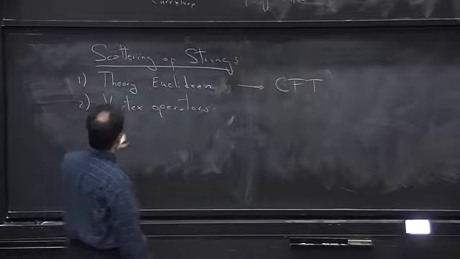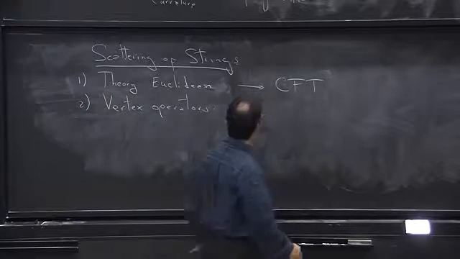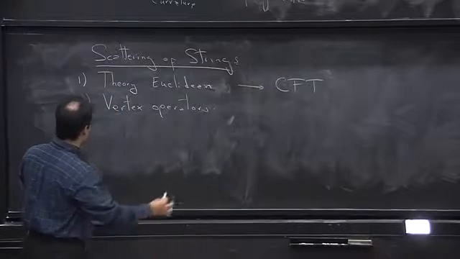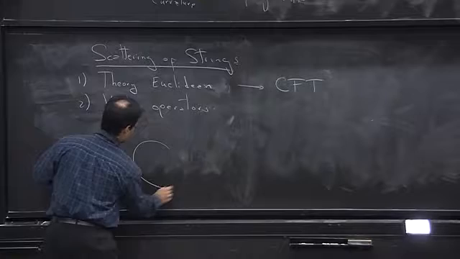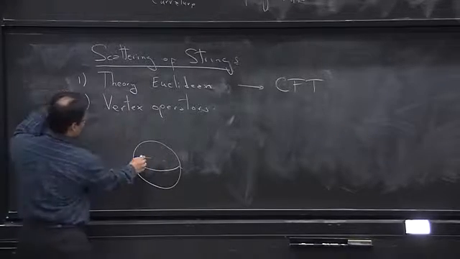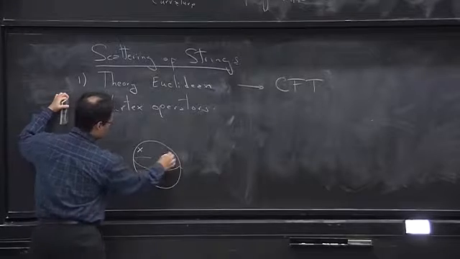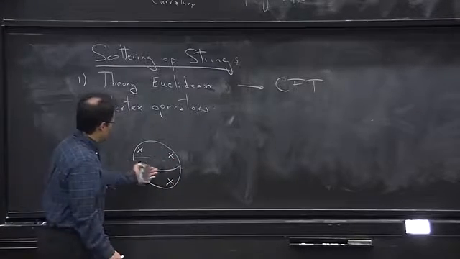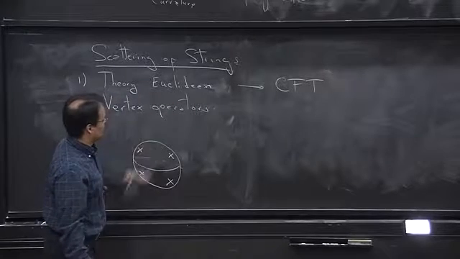And then, well, if we make our theory Euclidean, the simplest world sheet that we can have is actually a sphere where the vertex operators will be inserted somewhere on the sphere. Okay? And you know that this looks like this because we have a conformal field theory.